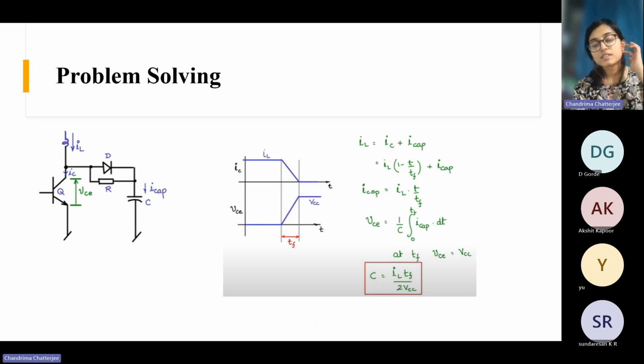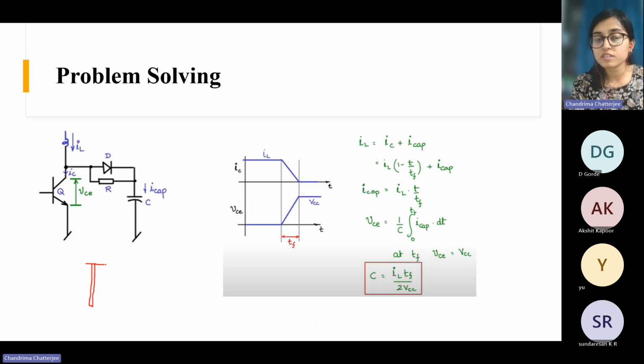Here they have specified an inductive load, but even though your load is purely resistive, there could still be some inductance from the traces, right? If you design a circuit, there will be some wire or some trace on the PCB. So in the PCB, you will definitely get some parasitic inductances, right? And you have this device. Practically, there will be some leads of the device.